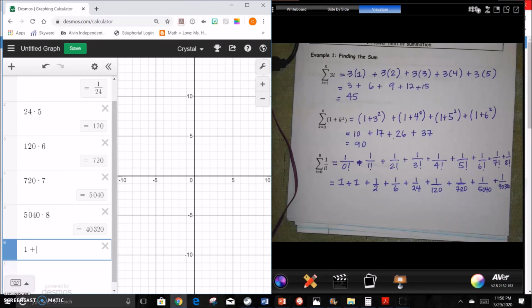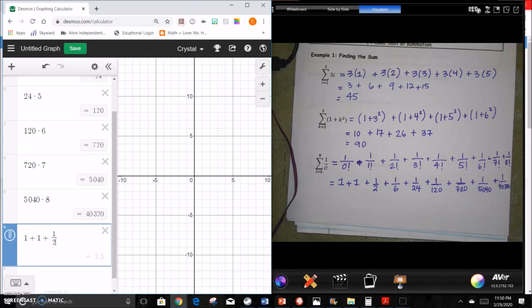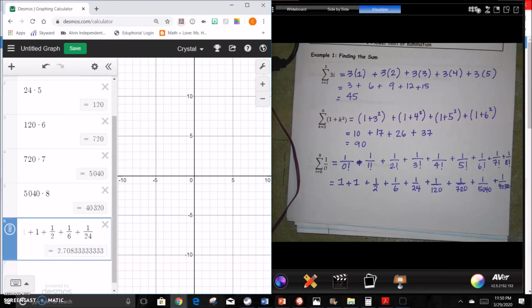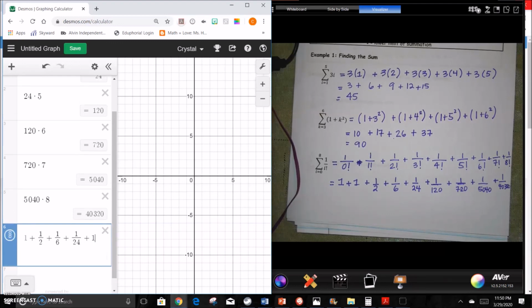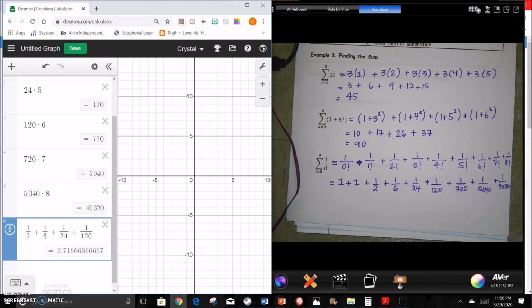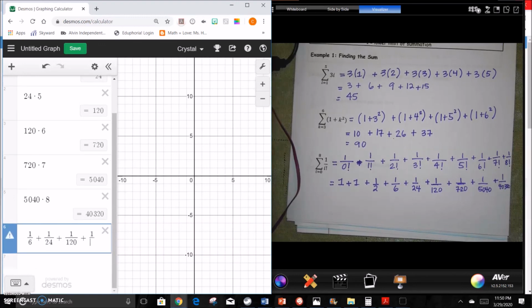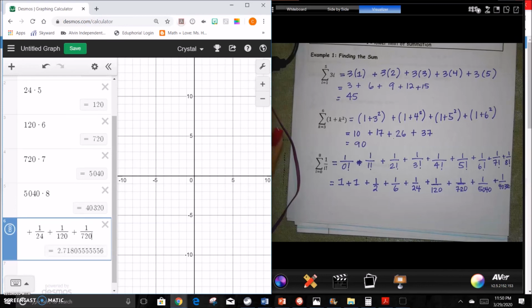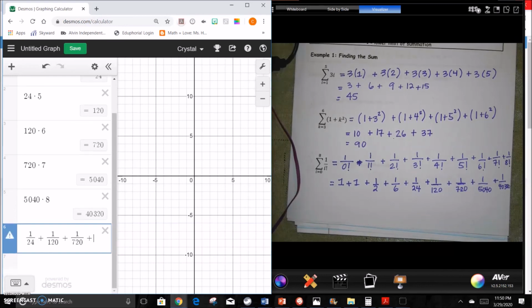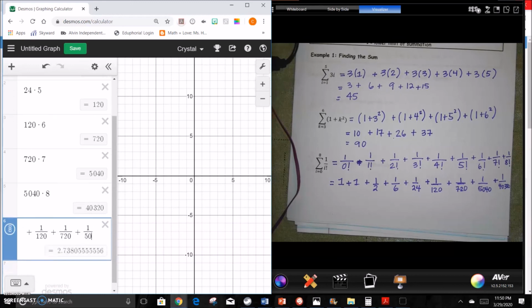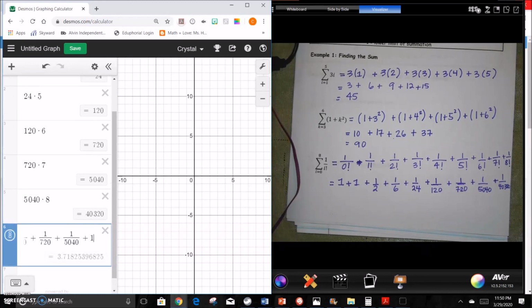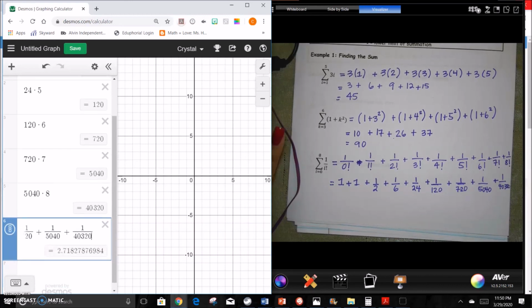So 1 plus 1 plus 1/2 plus 1/6 plus 1/24 plus 1/120 plus 1/720 plus 1/5040 plus 1/4320.